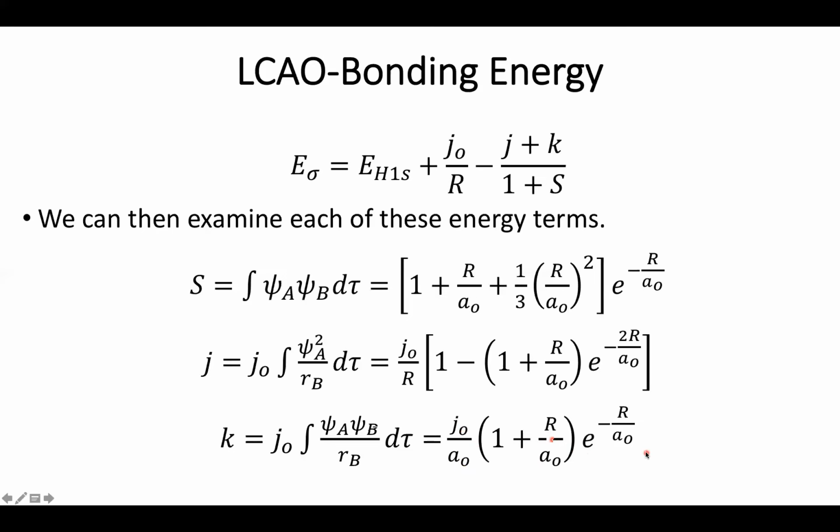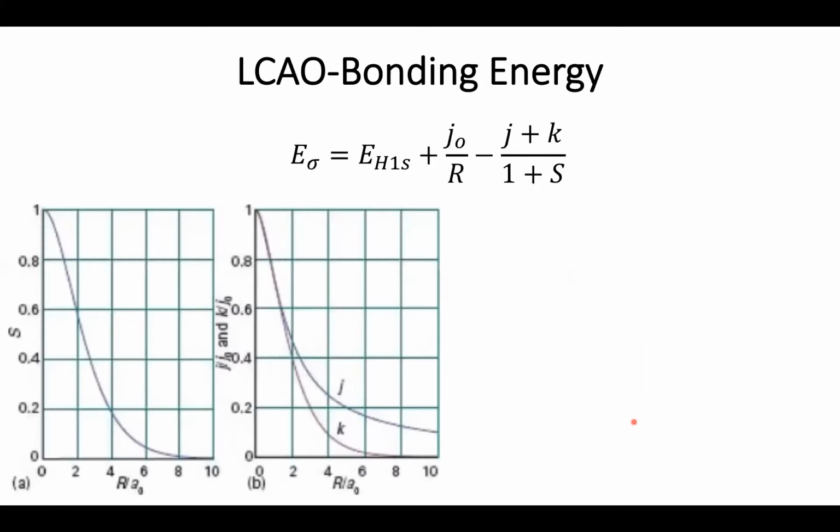And again, this should hopefully make sense, because as the distance between my two atoms increases, then lo and behold, I'm going to have less overlap integral to interact with, and in addition, it will be further away. So let's go ahead and look at this perhaps a little bit more visually, and it might help some of you there.